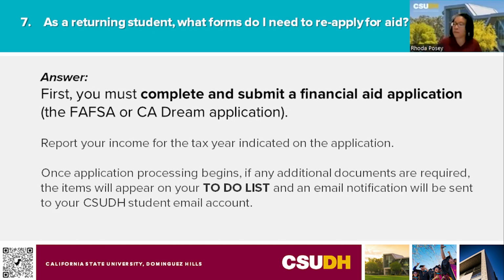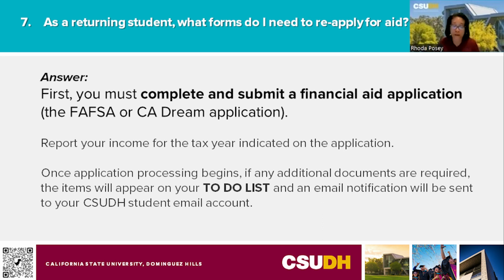Number 7, as a returning student, what forms do I need to reapply for aid? Well, answer, first bullet: you must initially complete your application. Complete that FAFSA or the CalDream application, depending on which one you're eligible to submit. You want to report your income for the tax year that they're asking for on the application.